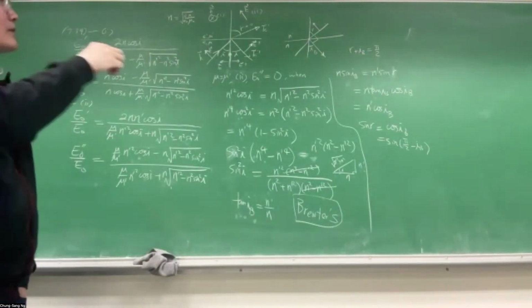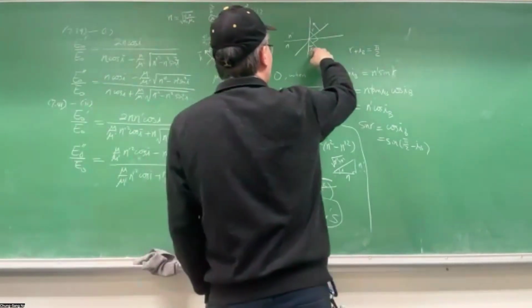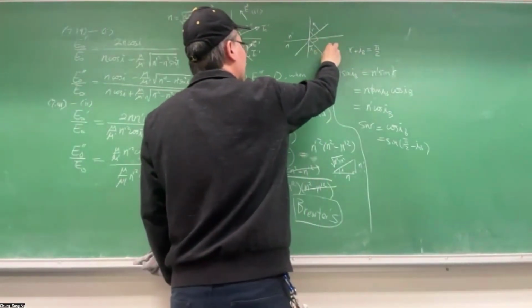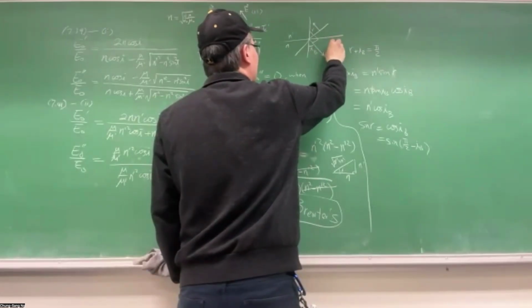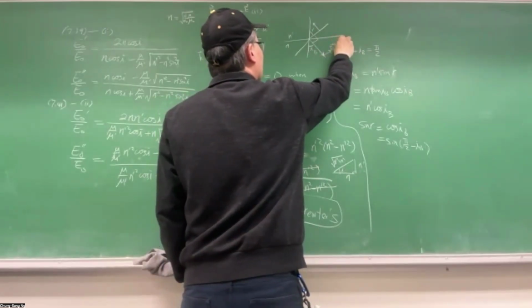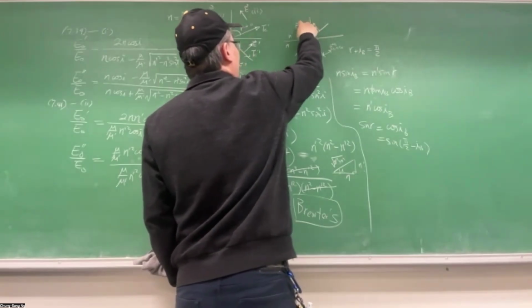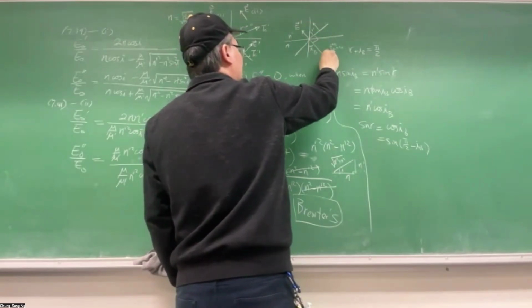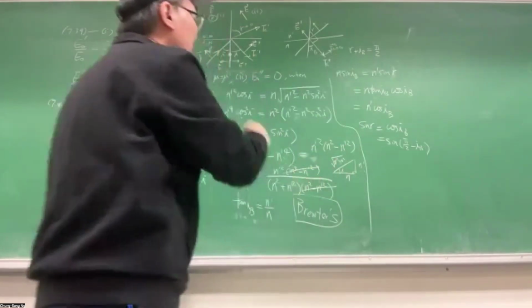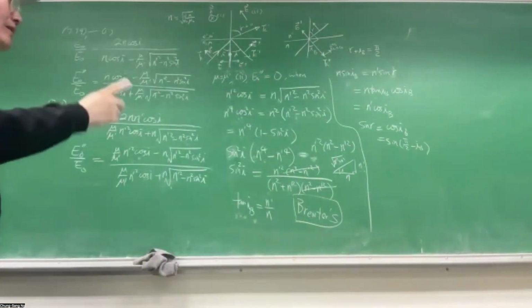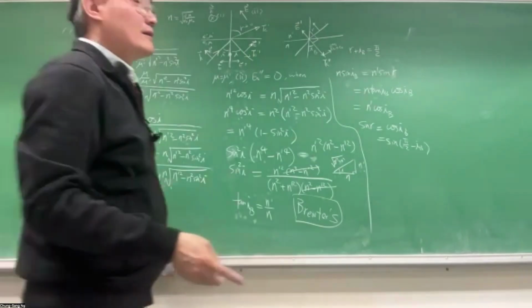So when you have the Brewster angle, when E double prime is 0, this E prime is in the same direction as this K double prime, at least on the same line.